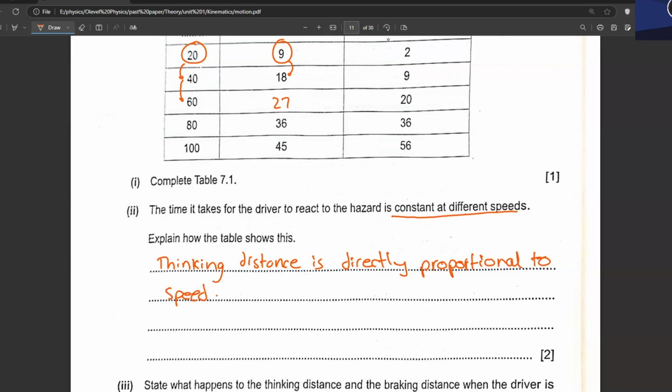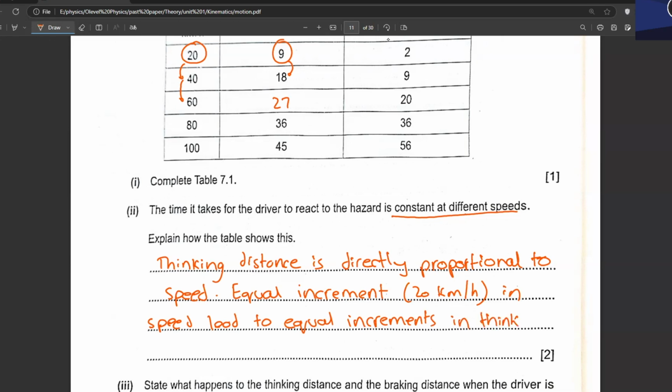And if you want to further explain it, since it is a two marker question, you will say equal increments, let's say 20 kilometer per hour increments in speed lead to equal increments in thinking distance, that is 9 meters. Okay, let's further move ahead.